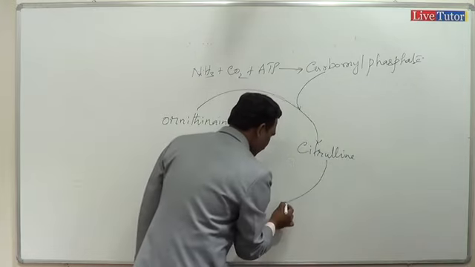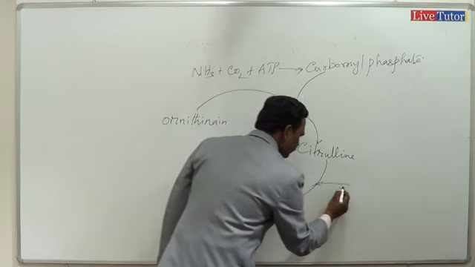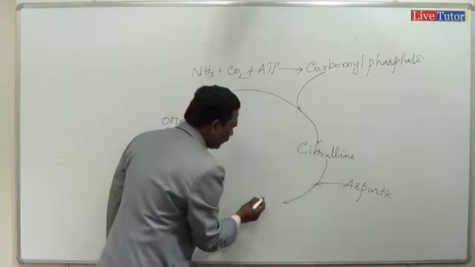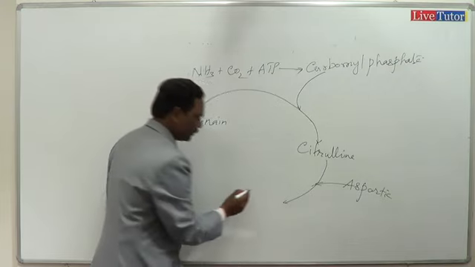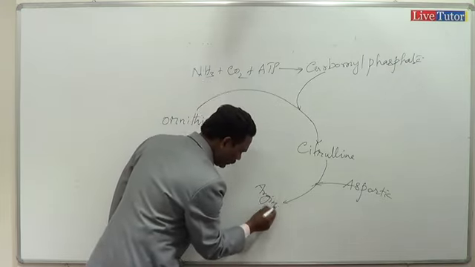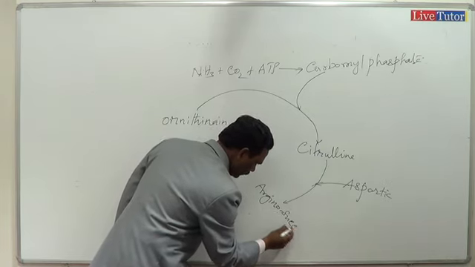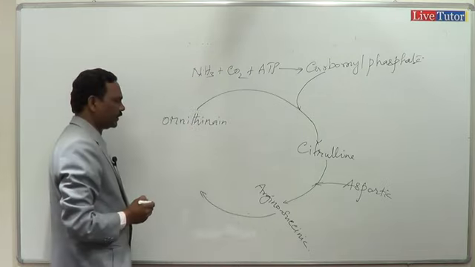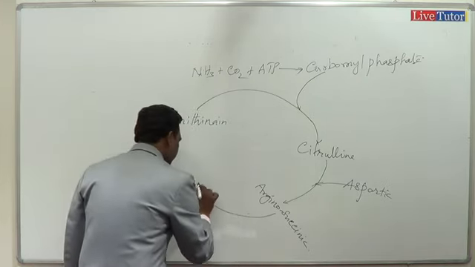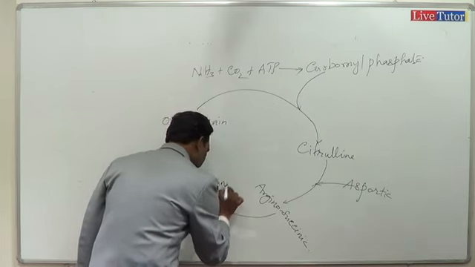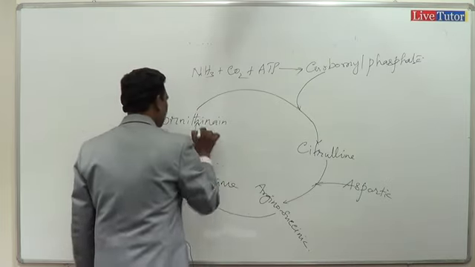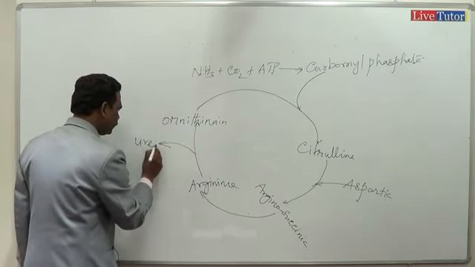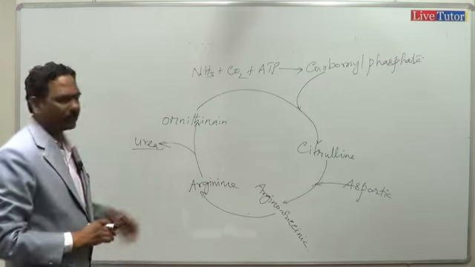The citrulline react with the aspartic acid to form arginosuccinic acid. The arginosuccinic acid, it will convert into arginine. The arginine, it will convert into urea and ornithine. Urea and ornithine is the ornithine cycle.